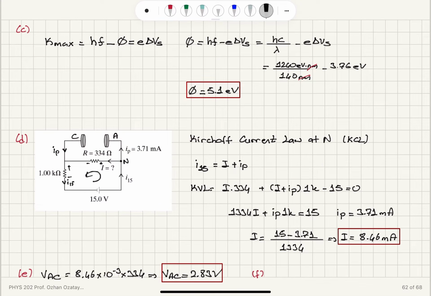Now the maximum kinetic energy of the photoelectrons will be the energy provided by the photon, hf, minus the work function phi, which is 1240 electron volts nanometers divided by 65, minus the work function we have found to be 5.1 electron volts. This is e times the stopping potential.